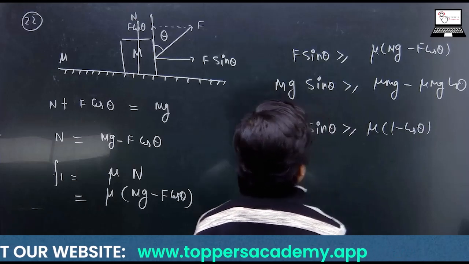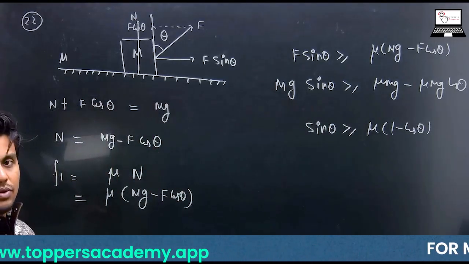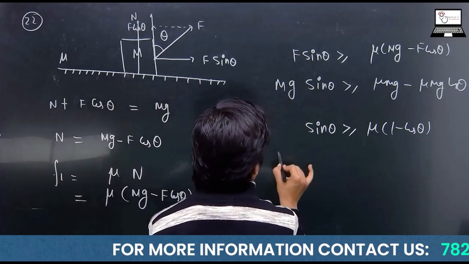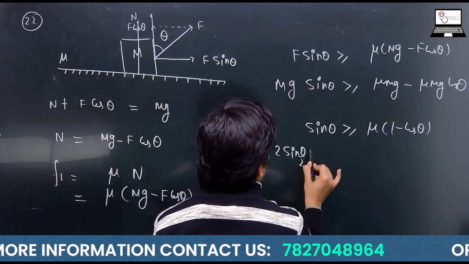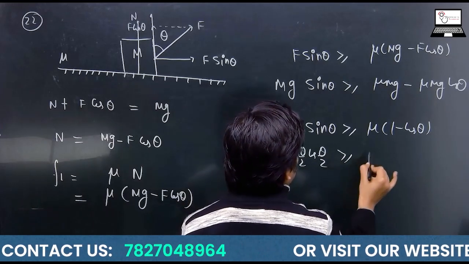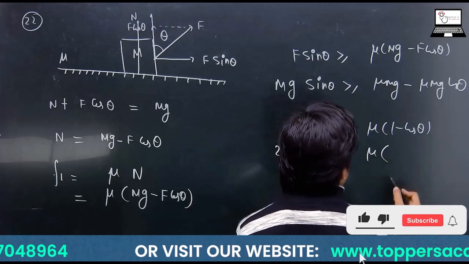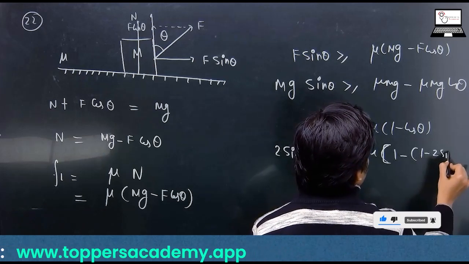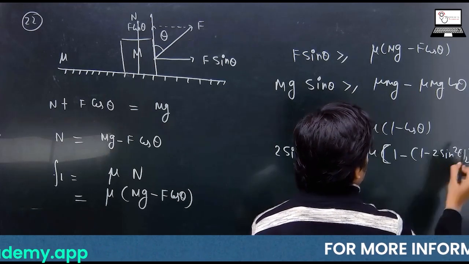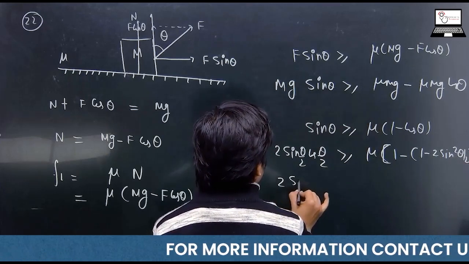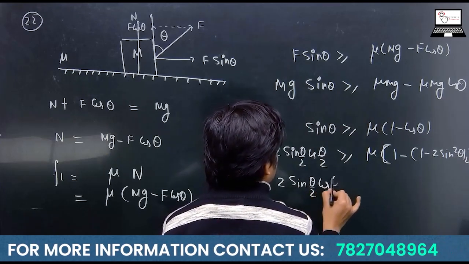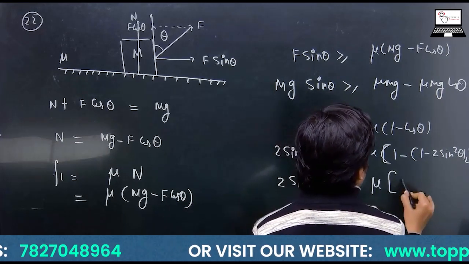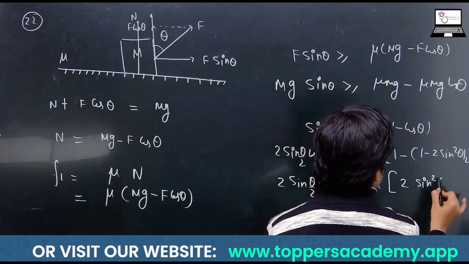Sine theta is greater than or equal to mu into 1 minus cos theta. I can write sine theta as 2 sin theta by 2 cos theta by 2, and 1 minus cos theta as 2 sin square theta by 2. So you will get 2 sin theta by 2 cos theta by 2 is greater than or equal to mu into 2 sin square theta by 2.